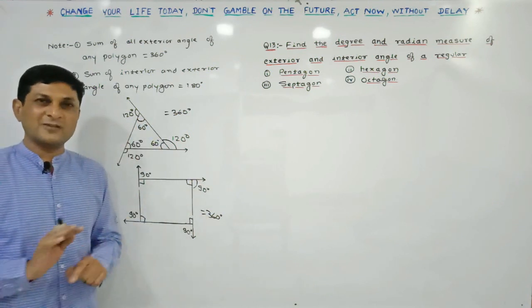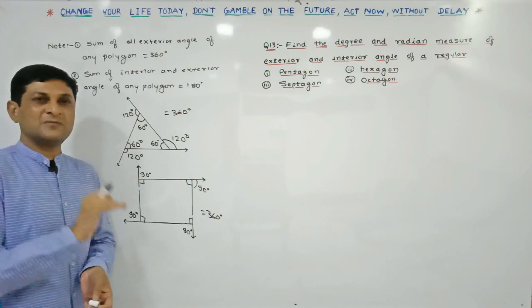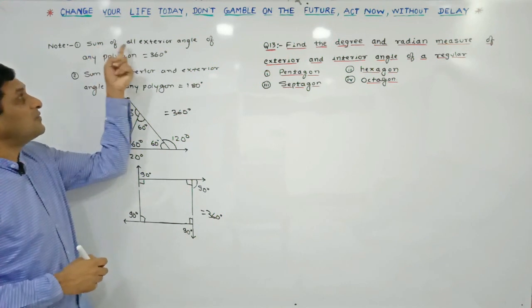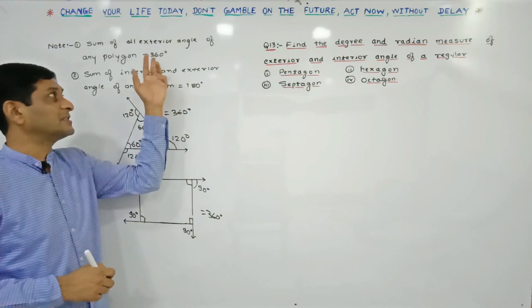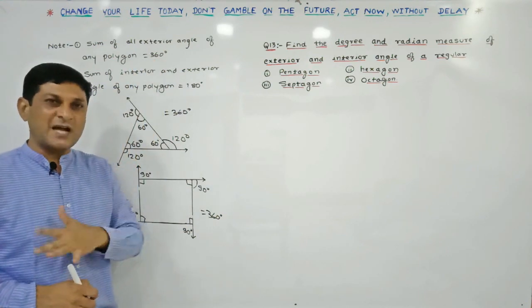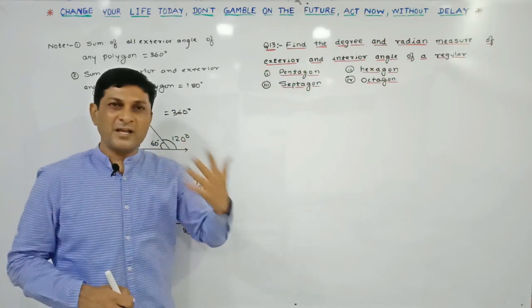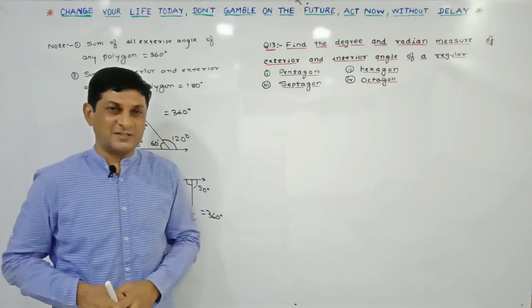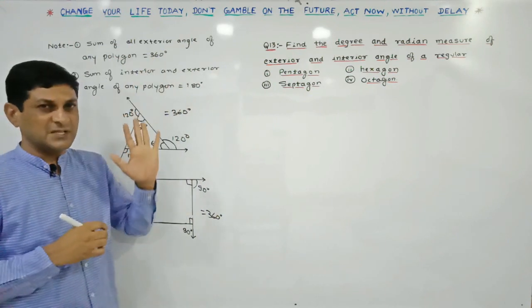In case of triangle also, sum of all exterior angle is equal to 360. And this is the one important condition which you have studied in geometry, that sum of all exterior angle of any polygon is always equal to 360. Either that polygon is triangle, quadrilateral, pentagon, hexagon, or any polygon, the sum of exterior angle does not change, and the sum of all exterior angle is equal to 360 degree.